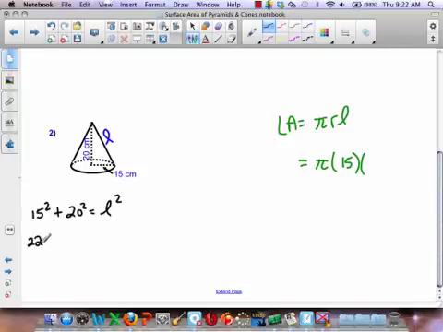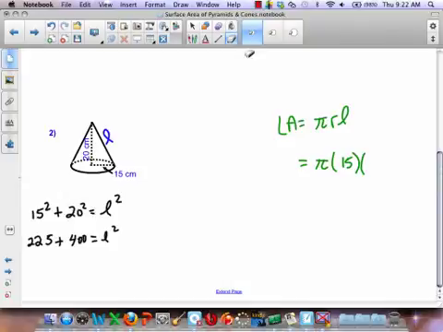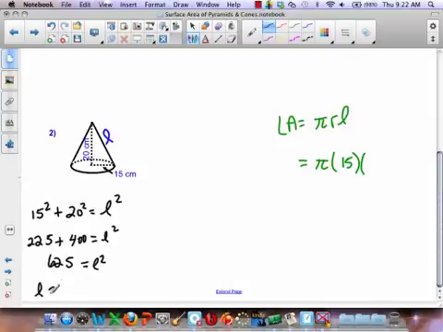So that gives us 225 plus 400 is L squared. Oh, not 400, it's 625. So 625 is L squared. L is the square root of 625, which is 25.